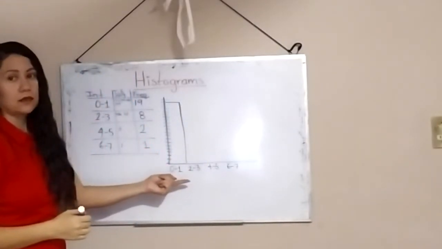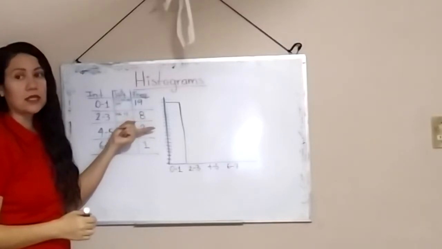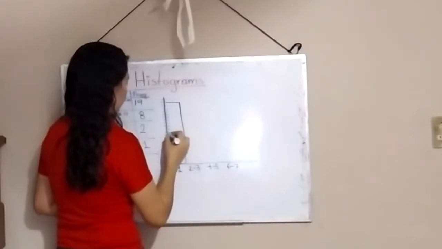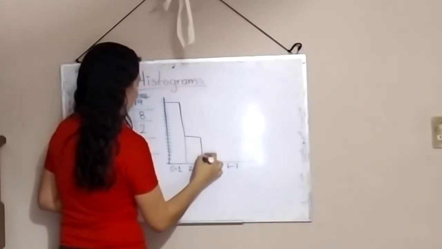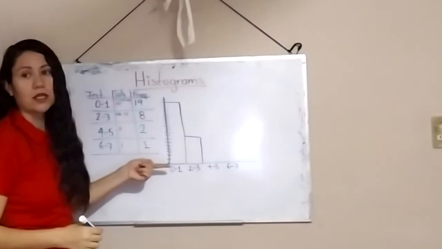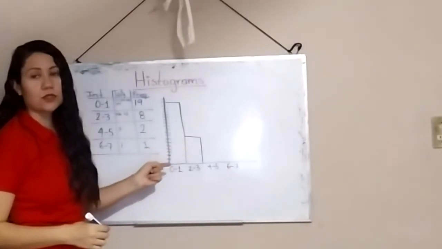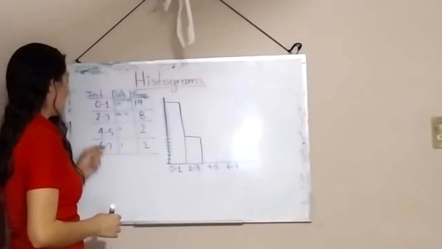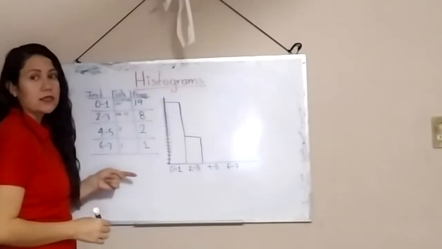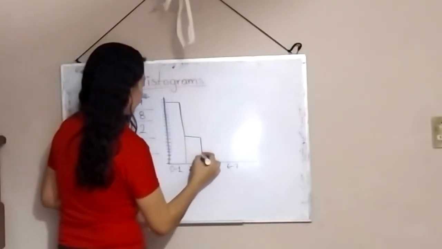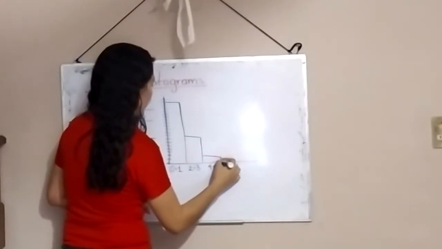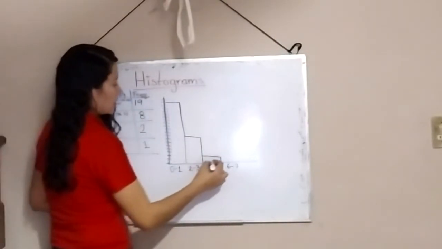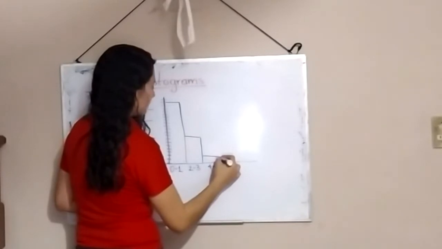The second bar is going to go up until 8. Remember that the bars need to be right next to each other, with no space between them. Our next interval has a frequency of 2, and the interval from 6 to 7 has a frequency of 1.